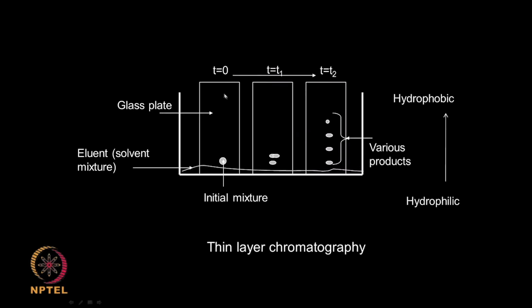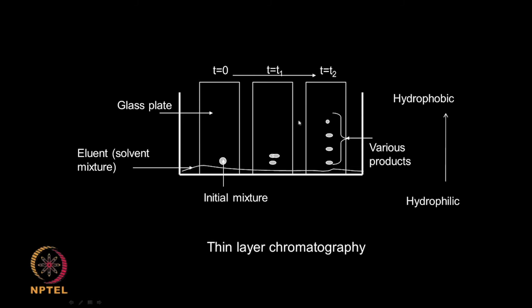So, basically what you do, you have a glass plate, you coat it with the silica and then you put an initial spot of your mixture, and then you have a solvent here, it could be a mixture of solvents. As time progresses, the spots keep moving up. As you know, silica is extremely hydrophilic, so it does not move, whereas hydrophobic material will start moving.